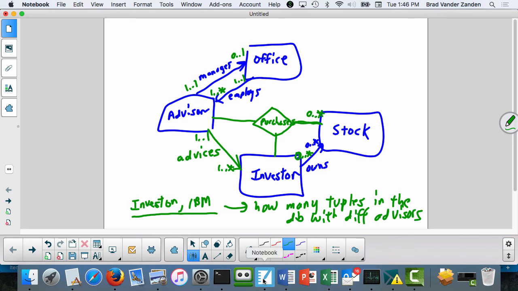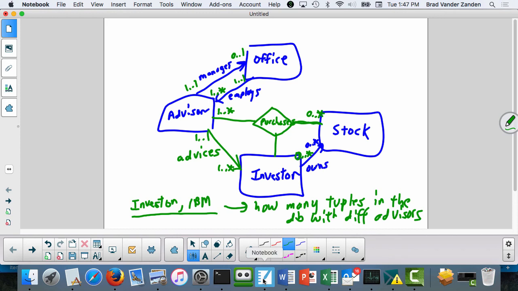So there has to be at least one, and probably some many, because as you said, if you switch advisors, then there could be some tuples in the database with different advisors for the same investor and stock.